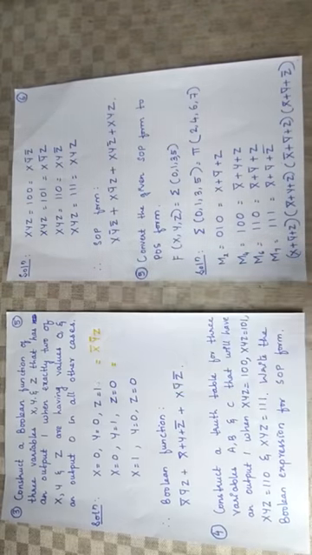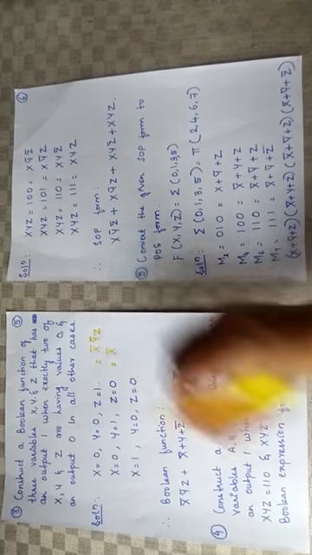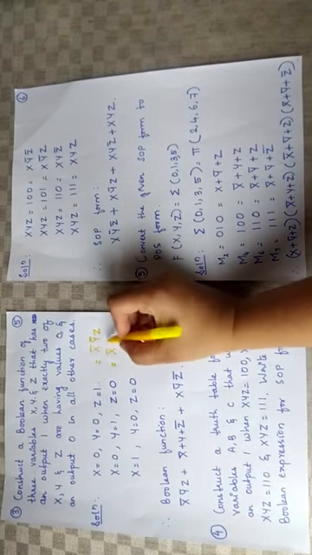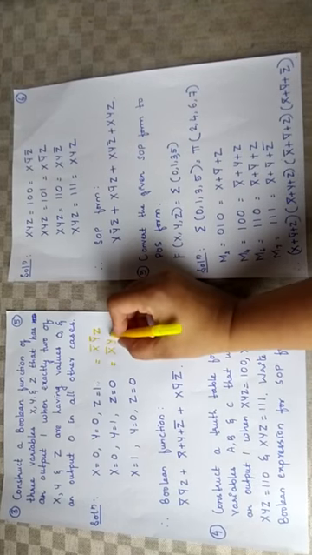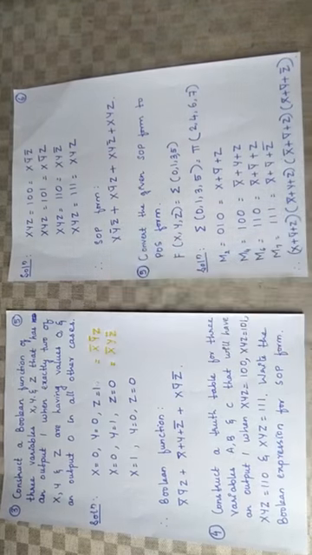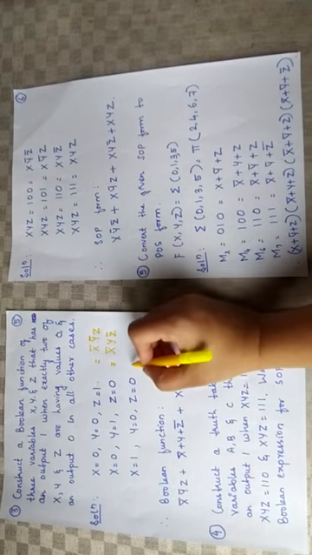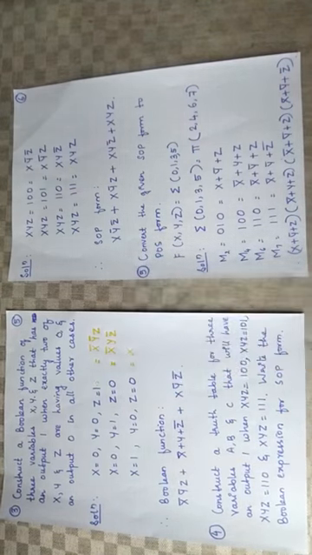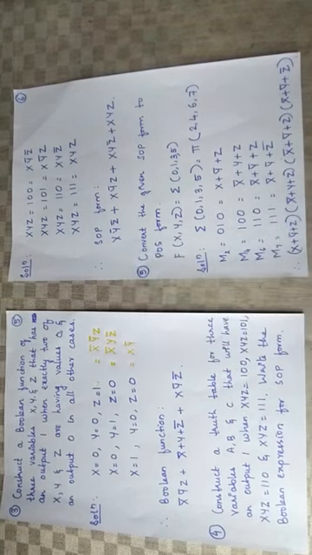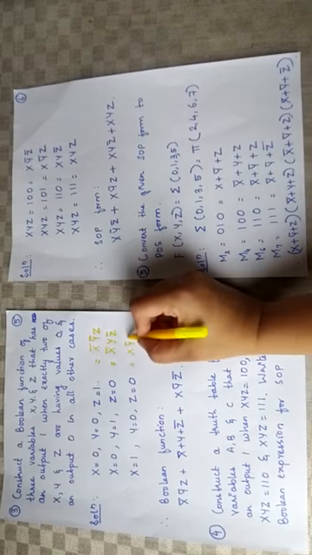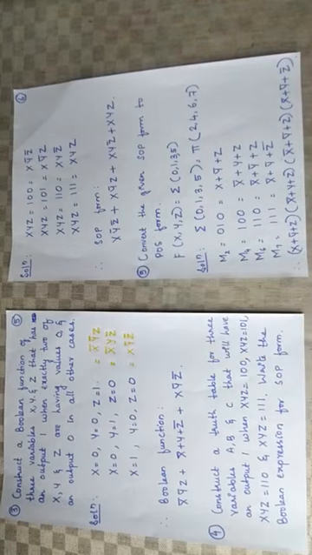Take next. x is holding 0, x complement. y is holding 1, it remains y as it is. z is holding 0, it will be z complement. Next one. x is holding 1, it will be x. y is holding 0, y complement. z is holding 0, it will be z complement.